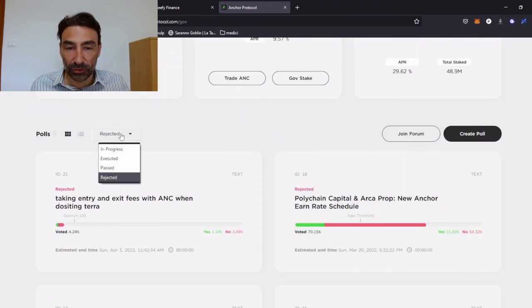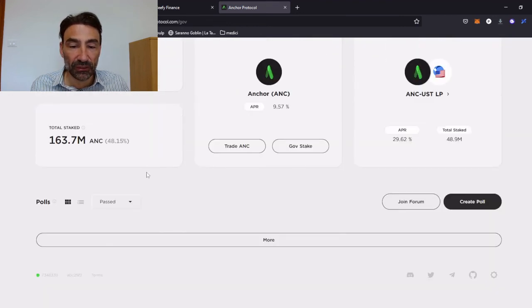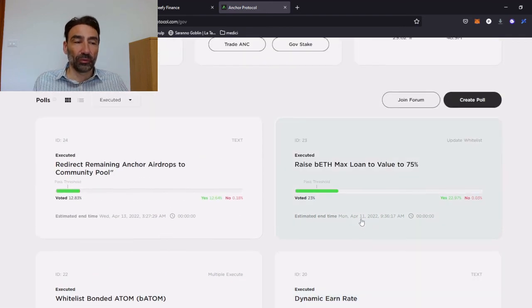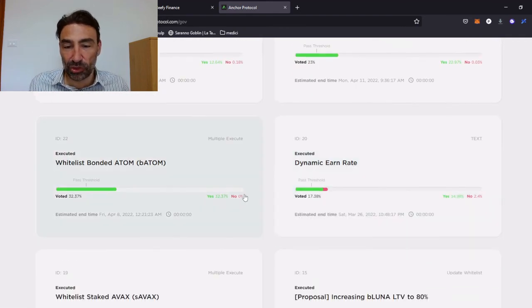There was one to change the earn rate, passed, executed. Okay, dynamic earn rate, so change the earn rate. It ended on 26 March, and I remember it will be implemented on the 1st of May. So they have more than one month to withdraw the money, in order not to cheat anybody.